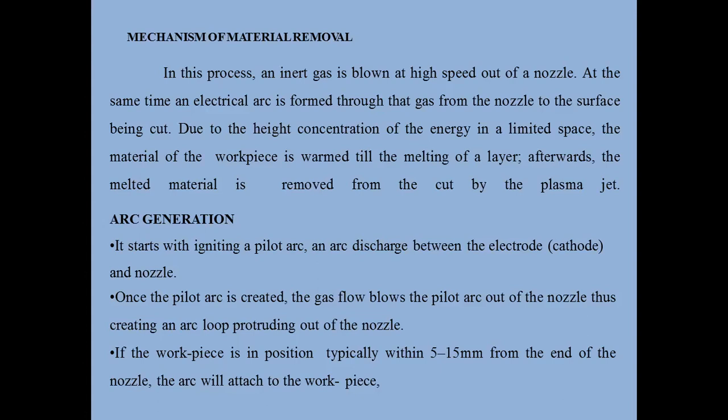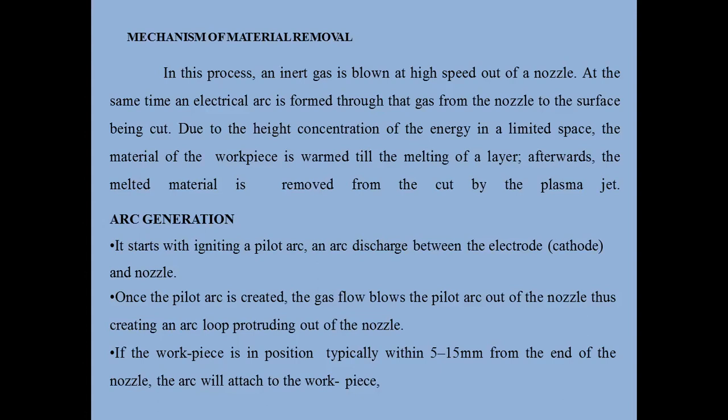The gap between the workpiece and the nozzle of the torch we call the work distance, and that distance is only about 5 to 15 mm. You can see here. It starts with igniting a pilot arc, an arc discharge between the electrode and nozzle. Once the pilot arc is created, the gas blows the pilot arc out of the nozzle, thus creating an arc loop protruding out of the nozzle.